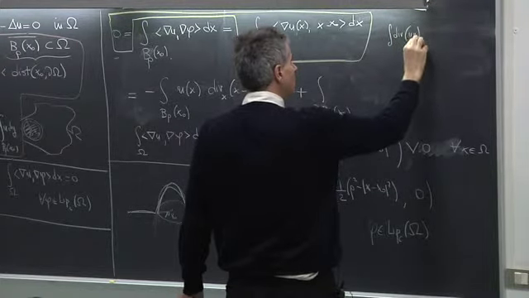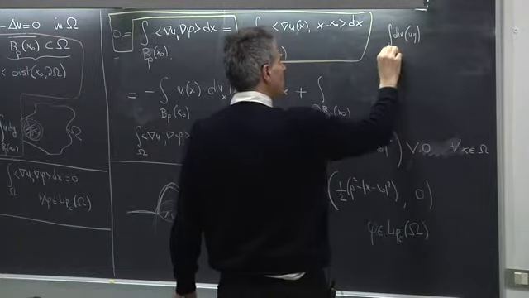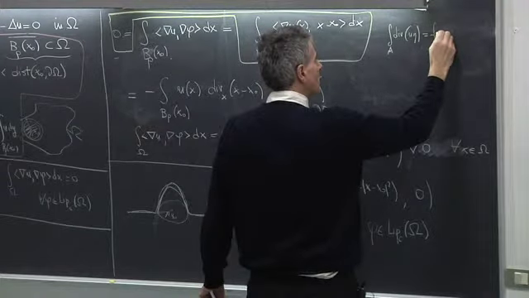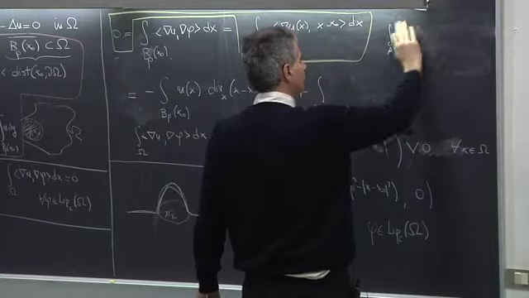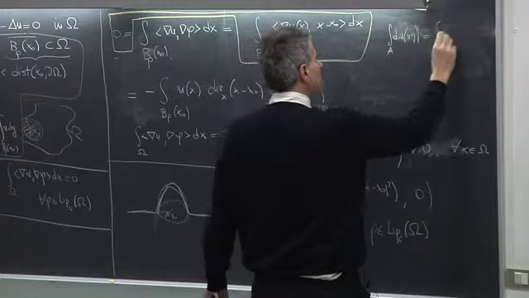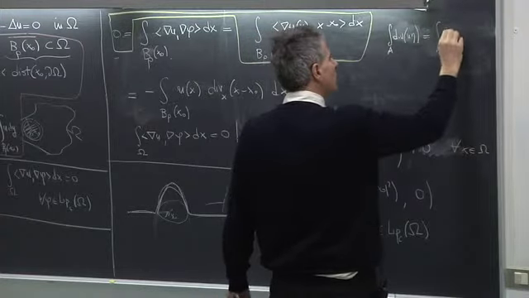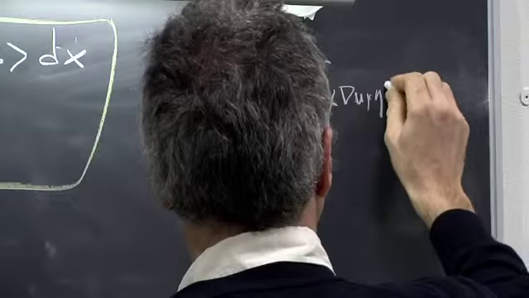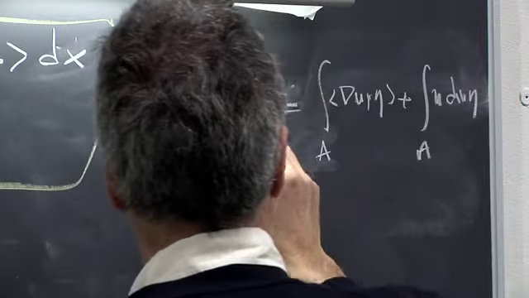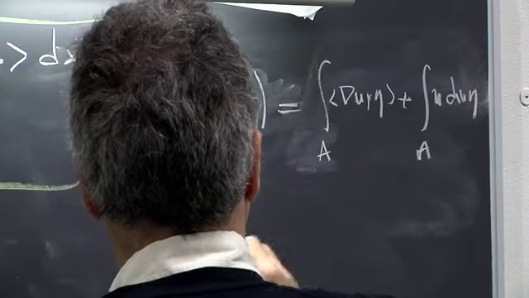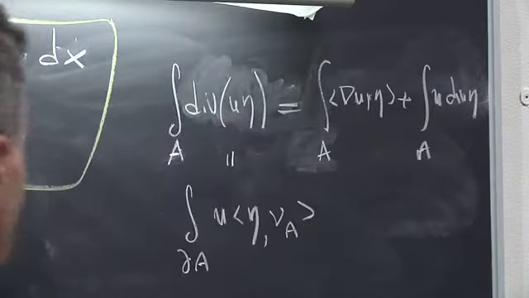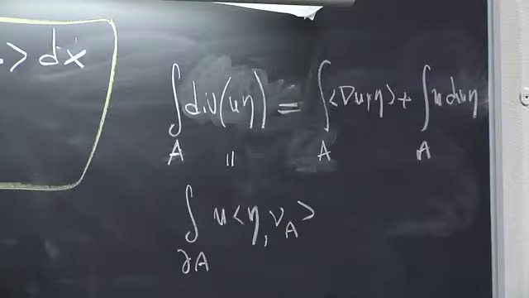So, on an open set A, the integral of the divergence of u eta is the integral over A of grad u scalar product eta plus u divergence of eta, but this is also equal to the boundary integral of u eta scalar nu. So I'm using the standard version of the divergence theorem.